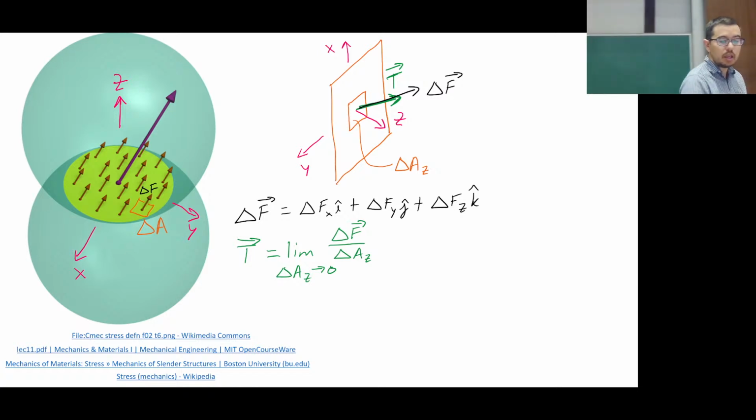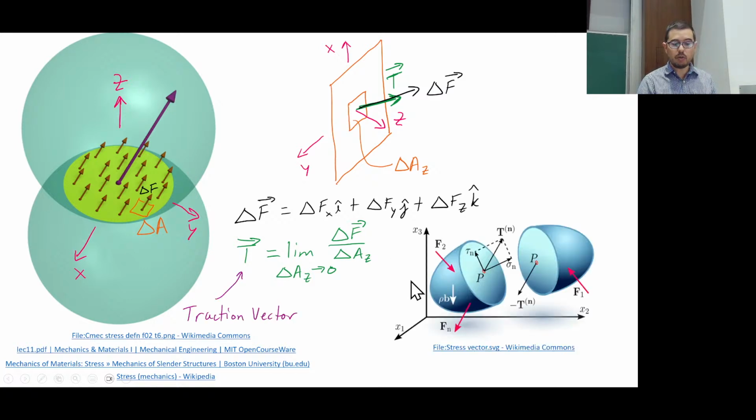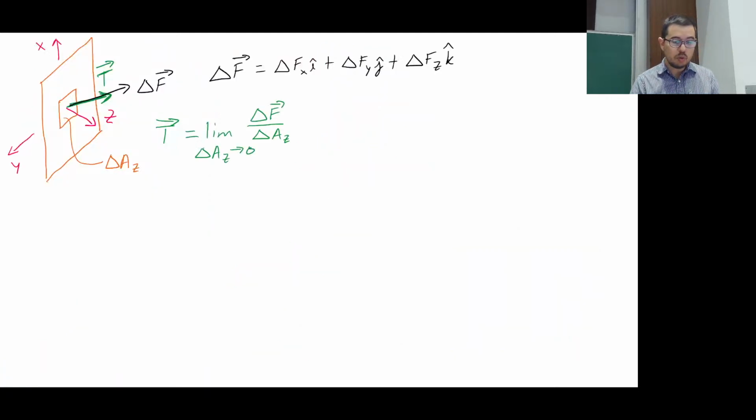And the components that this vector would represent are going to be our stresses. So we have a traction vector, and we have the components, which I haven't written out yet, being associated with stress.